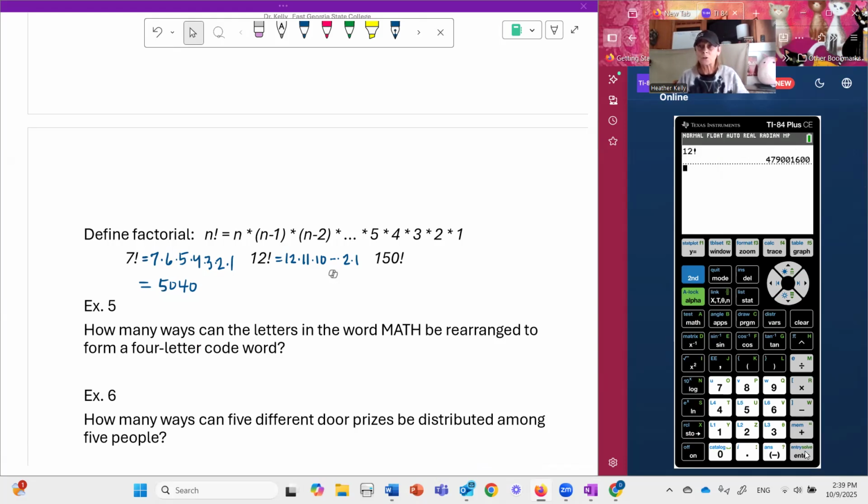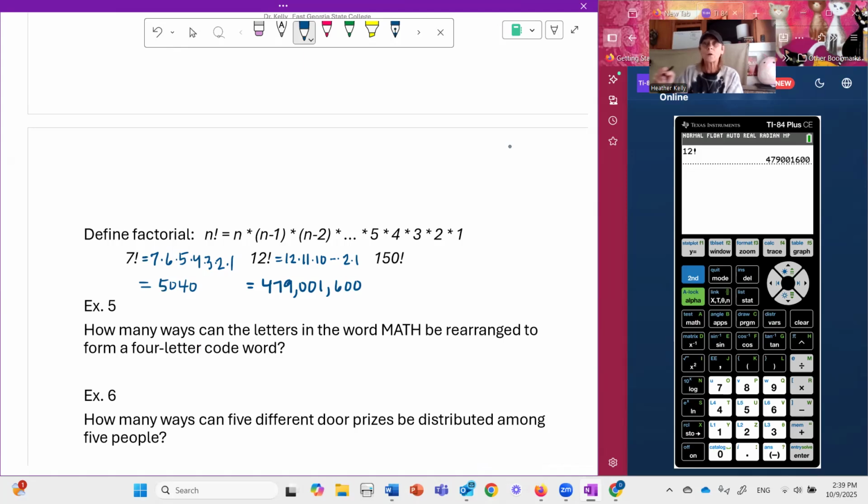And that's how much 12 factorial is. Aren't you glad I didn't have you do it by hand? All right, so 12 factorial looks like 479,001,600.